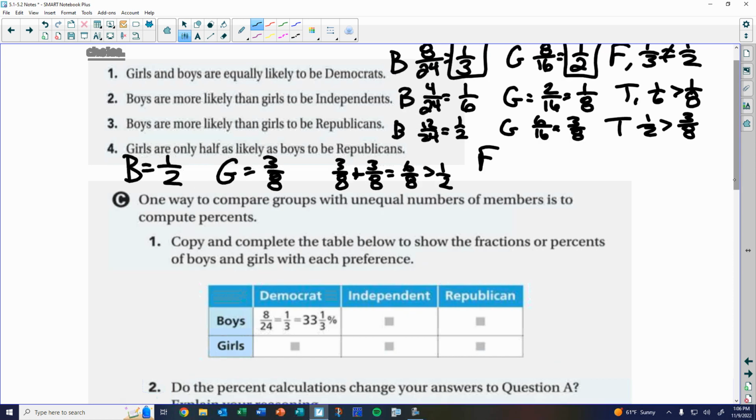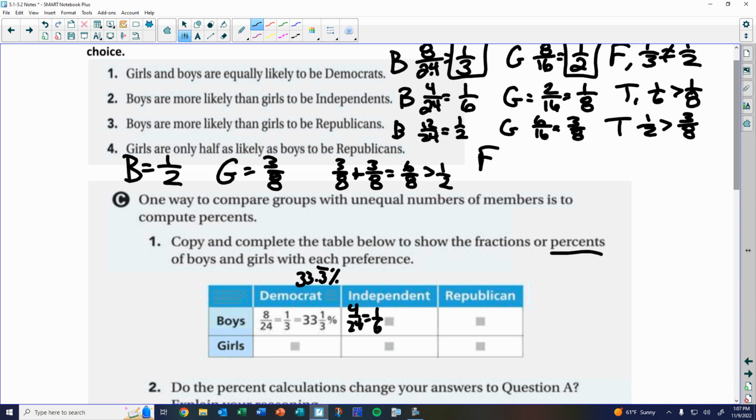All right, now we did the legwork to find the percentages down here. We had 8 out of 24, and it reduced to 1/3. And when you took 1/3, you got 33 1/3%. Now for the percentages for independence, it was 4 out of 24 for the boys, and that reduced to 1/6.